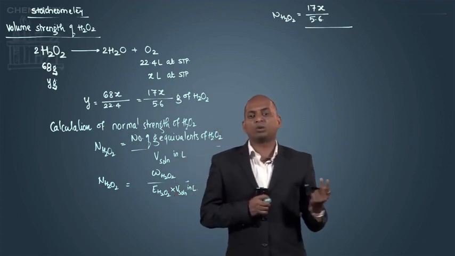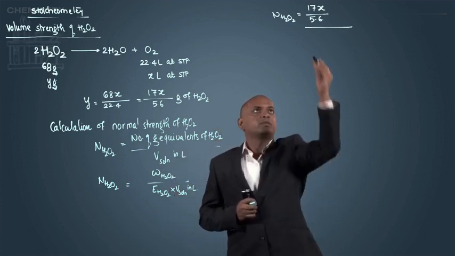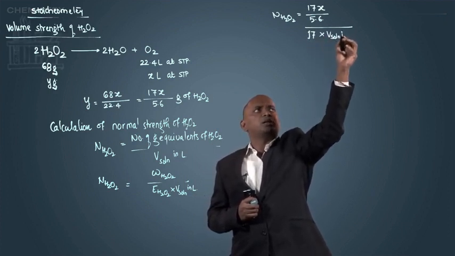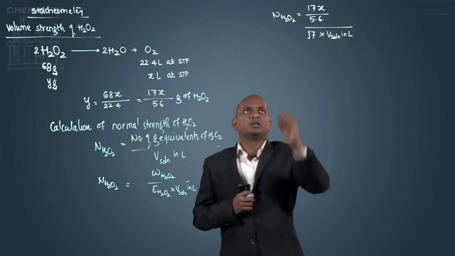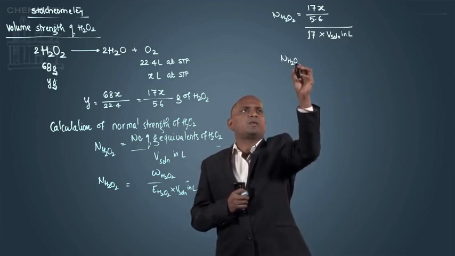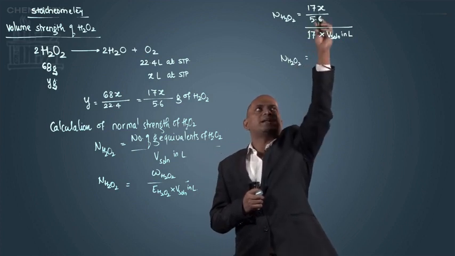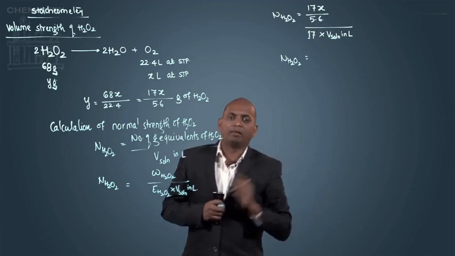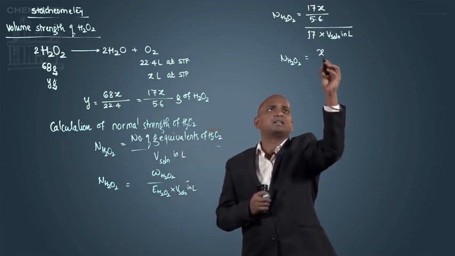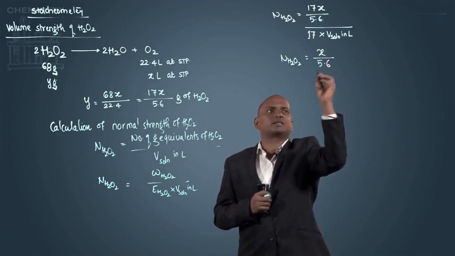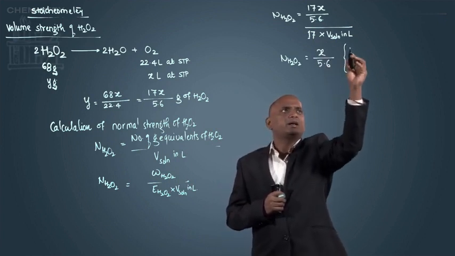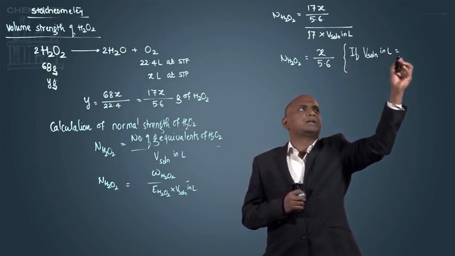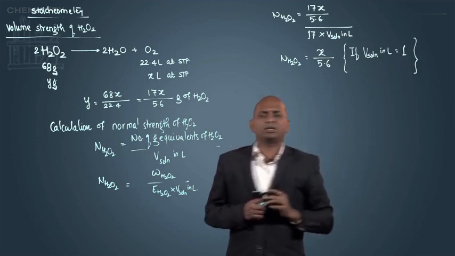So, 34 divided by the valence factor 2 becomes 17. 17 multiplied by volume of solution in liters. So, normality of H2O2 is equal to, the 17 gets cancelled, if we consider the volume of solution is 1 liter, then x divided by 5.6.